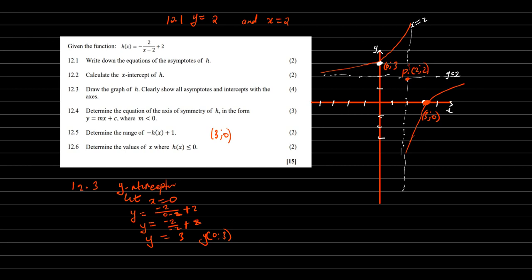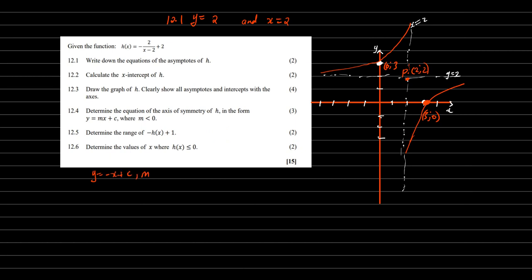So now the question is saying, determine the equation of axis of symmetry of H. The equation of axis of symmetry of H, they just want you to use the negative gradient. Remember, I said to you initially that when you deal with a negative gradient, we'll have y equal to negative x plus c, or we can safely say m less than 0.